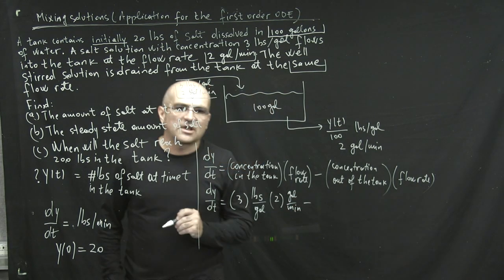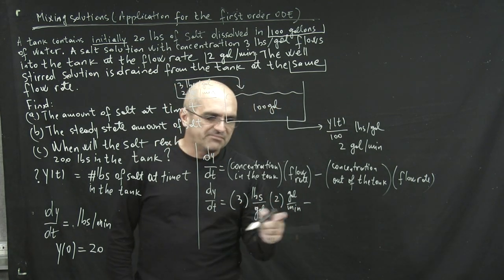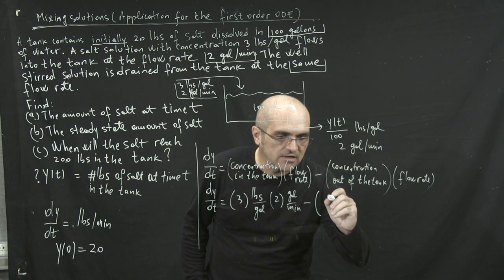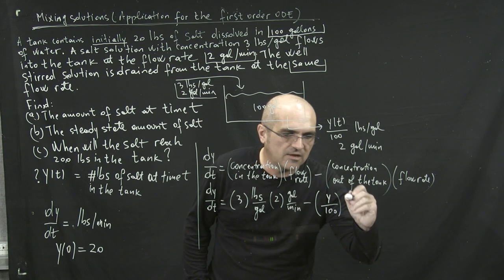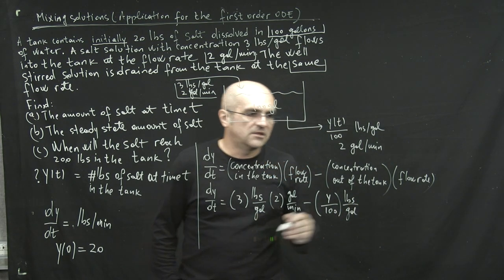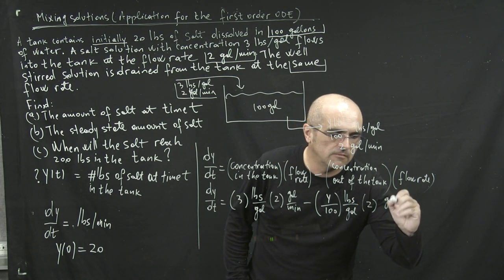By the way, later on you don't have to write the units. I just want to make sure you understand why this makes sense in terms of the units. The concentration in the tank at time t is y over 100, which is again pounds per gallon, and the flow rate is 2, which is gallons per minute.